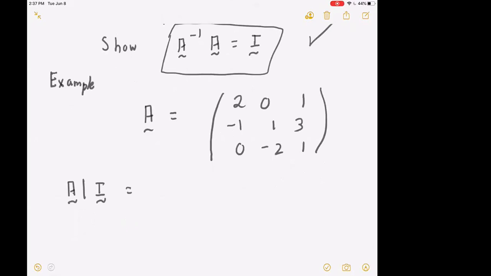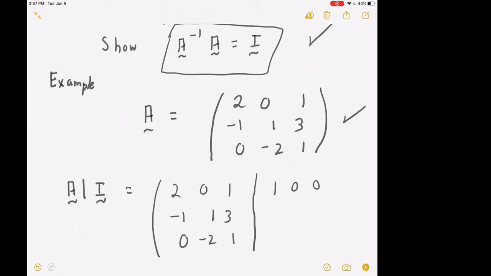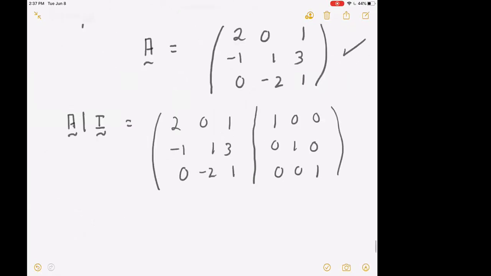Okay, so let's find the inverse of this matrix A. First thing you do is build an augmented matrix where you glue the matrix A to an identity matrix of order 3. So you get a new matrix, which is 3 by 6.